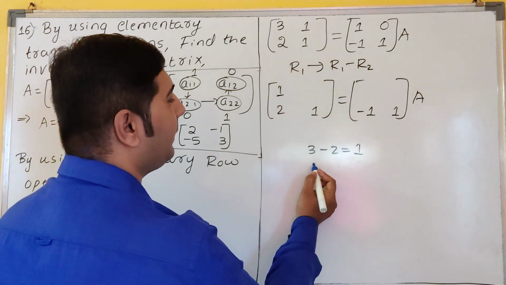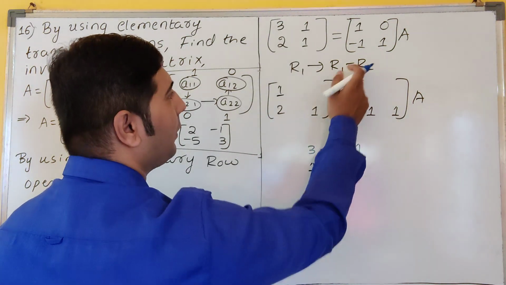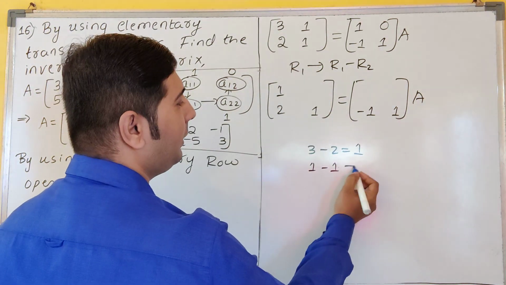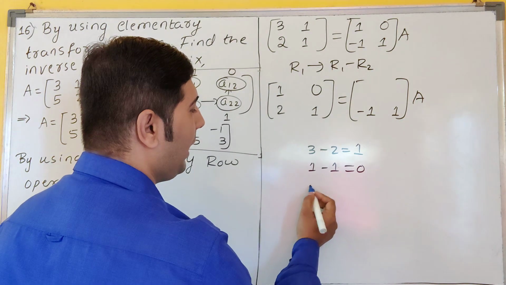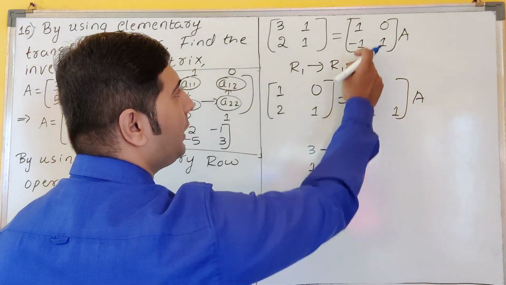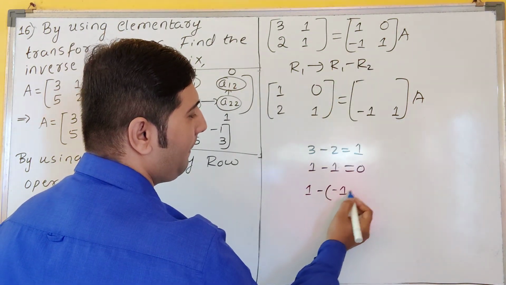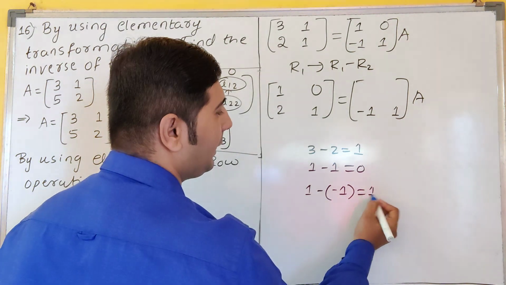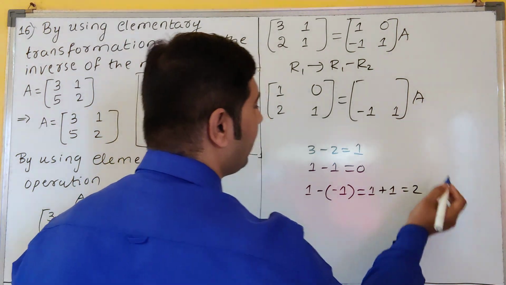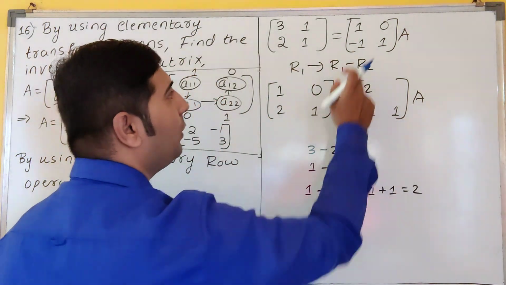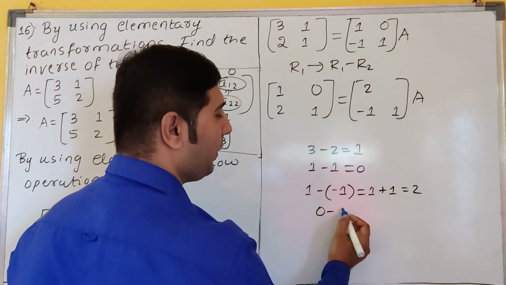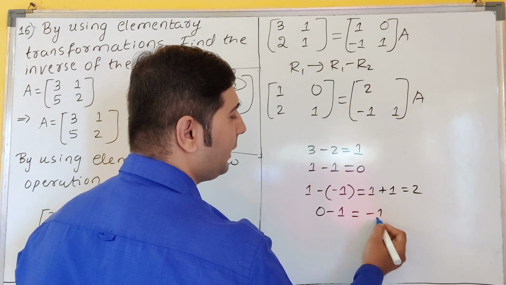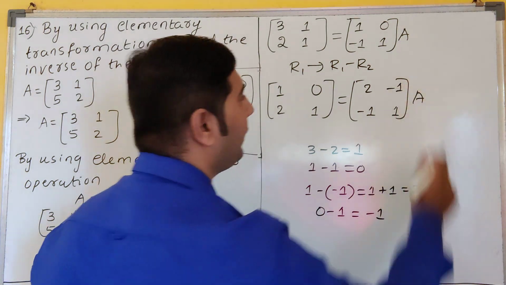R1 is 1, R2 is 1, 1 minus 1 is 0, dear students. R1 is 1 minus R2, which is minus 1. Minus into minus is plus 1. 1 plus 1 is 2, we are writing 2. R1 is 0 minus R2, which is 1. 0 minus 1 is minus 1, so minus 1 we can write.